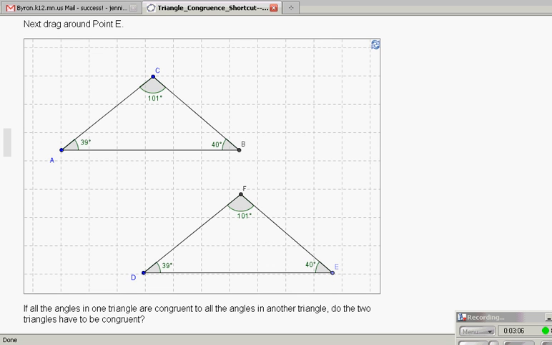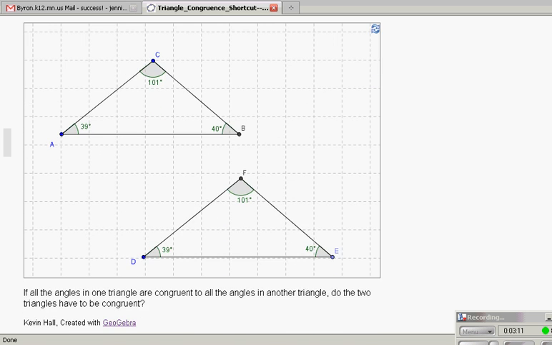Now here's a situation where you can see the angles are the same, and I can obviously make this side 1, 2, 3 units, and this one is 1, 2, 3, 4, 5, just over 6 units.